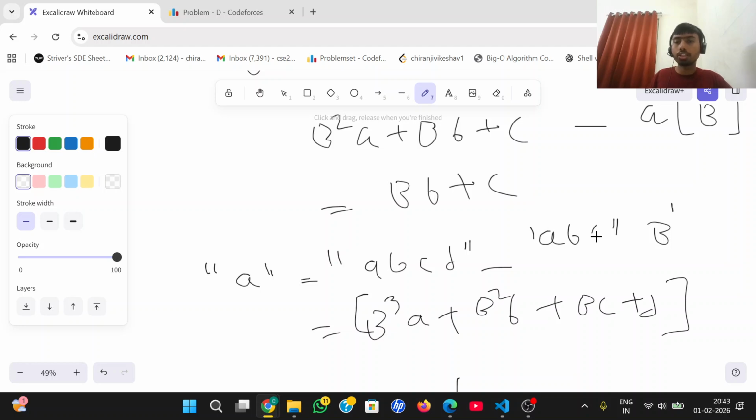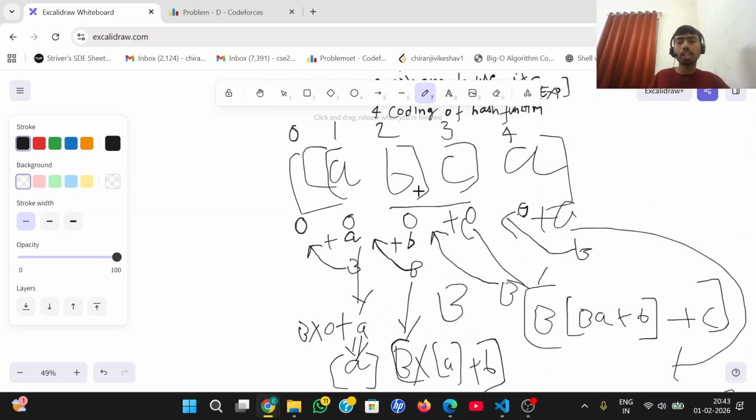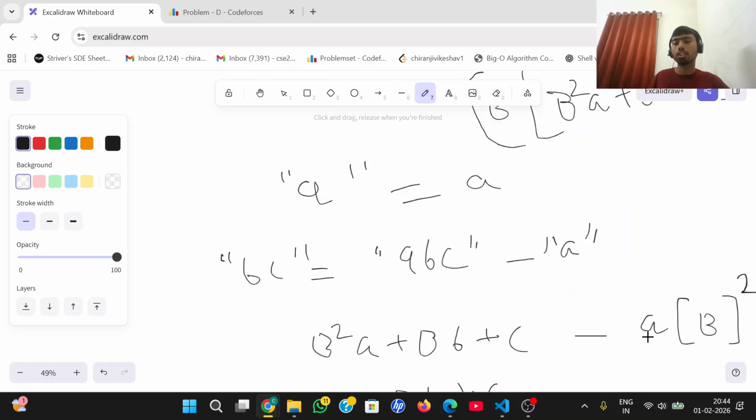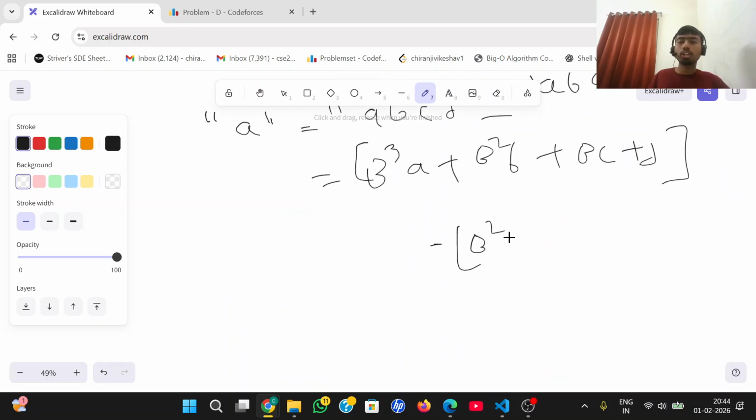So what is the hash value of the string ABC? The value at index 3, which is B square A plus Bb plus C. So let's write here B square A plus B small b plus C, then multiply by B power what? It is going to be the length of your substring, which is 1.